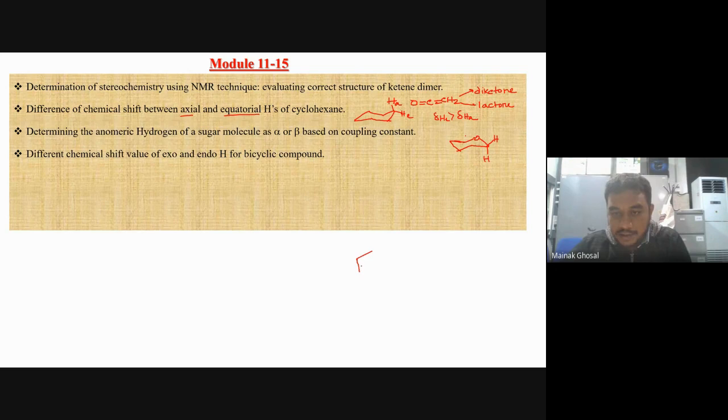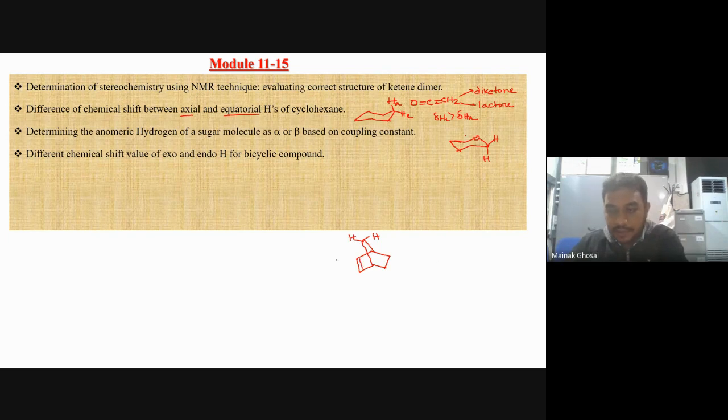Suppose this is a bicyclic compound. Okay, so the quality of my drawing.